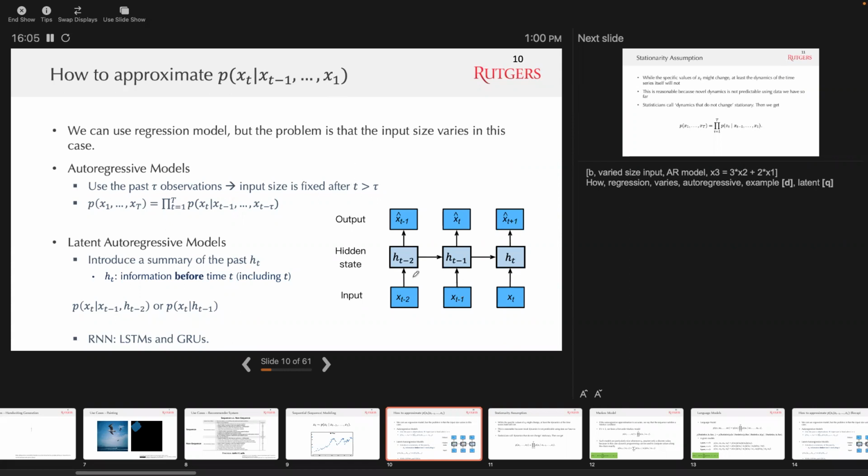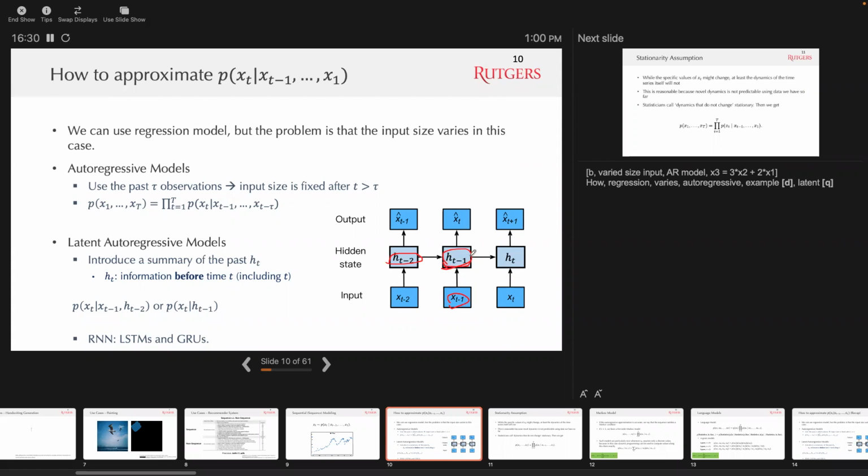Let me bring out the pen here. If you try to predict ht minus 1, then st minus 1 should contain the information from st minus 2 and st minus 1. It basically summarizes the previous information and the current information.